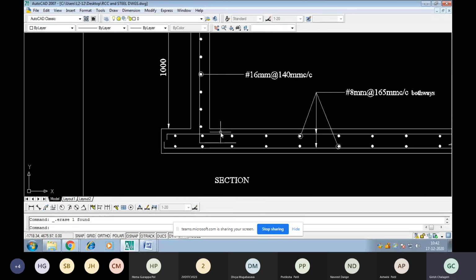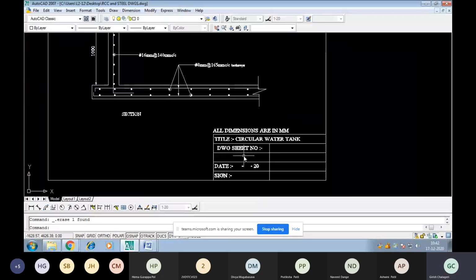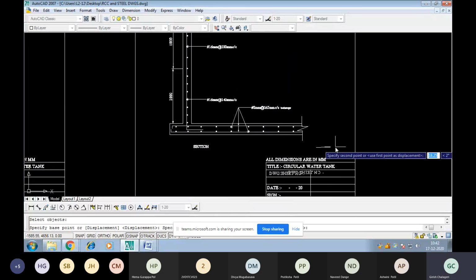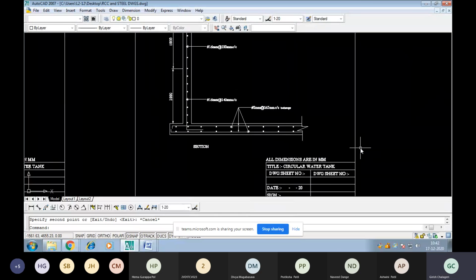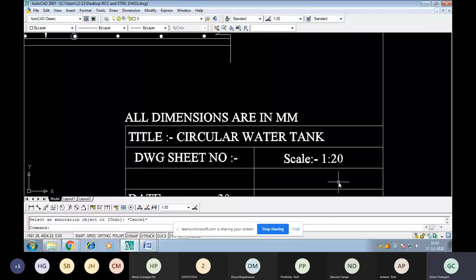Instead of asking about it, if you write the scale somewhere here, say it is 1:20, I will write the scale here. I can write the scale like this. The scale is 1:20.